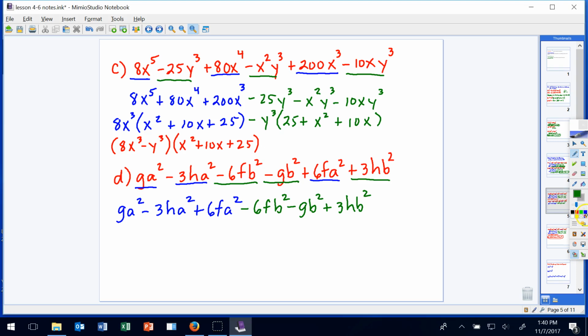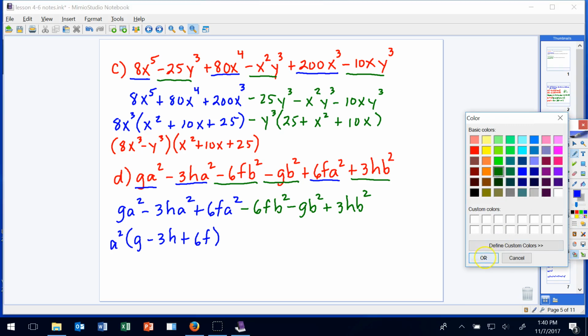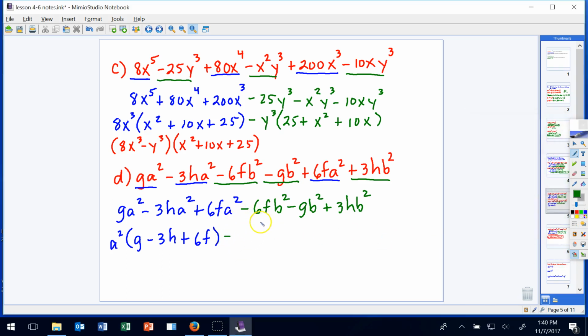Okay, factor out the GCF from each group. So from the blue group, that's going to be a squared. And the other factor will be g minus 3h plus 6f. And in the green group, just bring down this sign, minus, and this is going to be b squared.